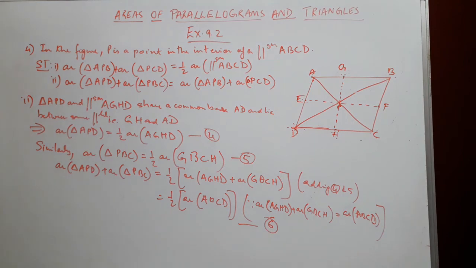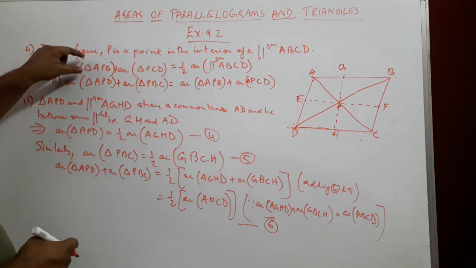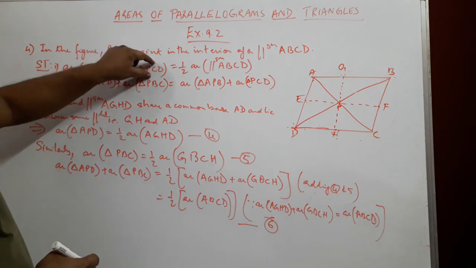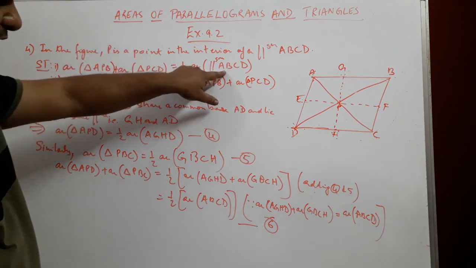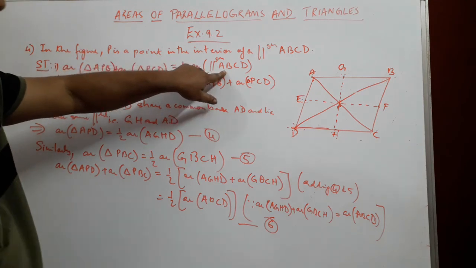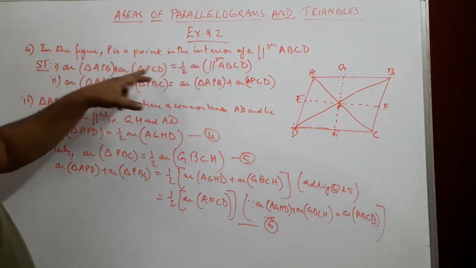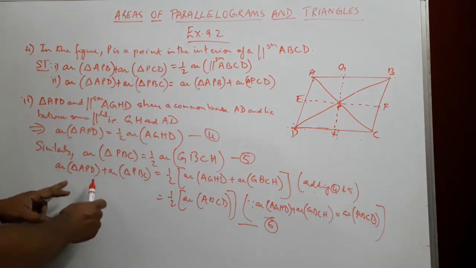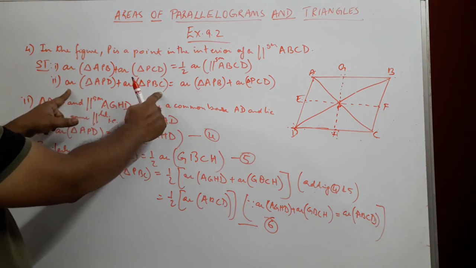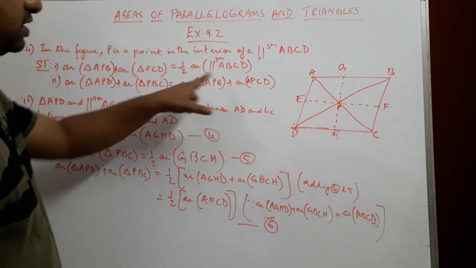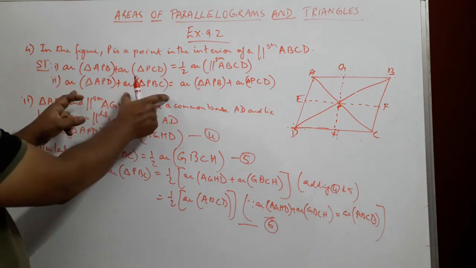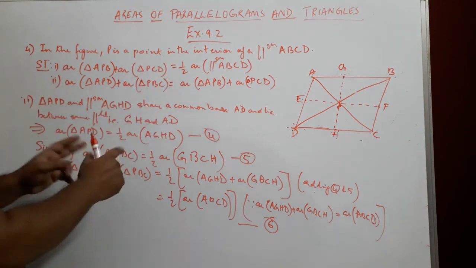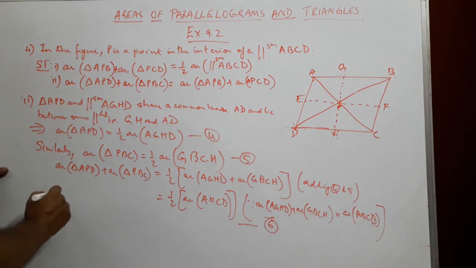Now if you have a look at 3 and 6, you'll find that area of triangle APB plus area of triangle PCD is equal to half of this, which is what we proved first when we marked it as 3. And in 6 what we have got is that these two triangles, the sum of them, is also equal to this, which means from 3 and 6 the sums are equal.